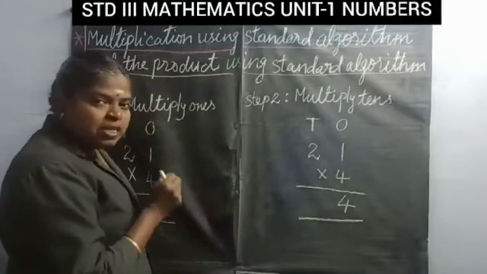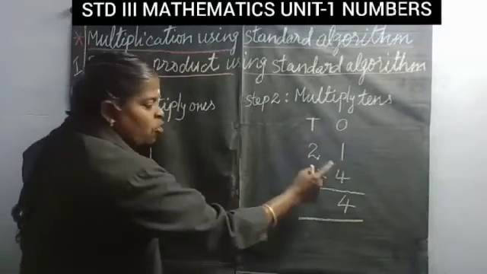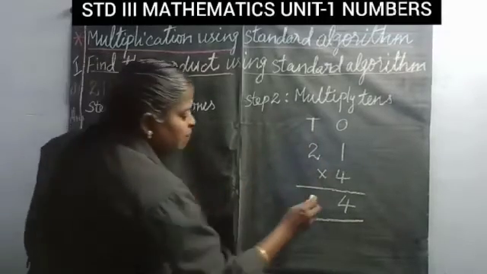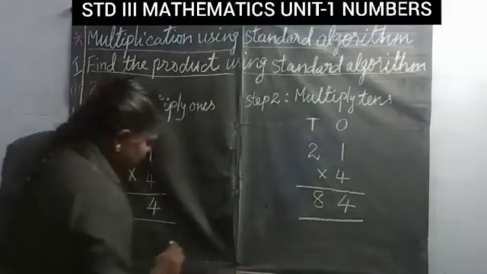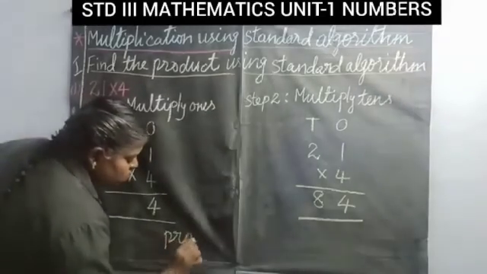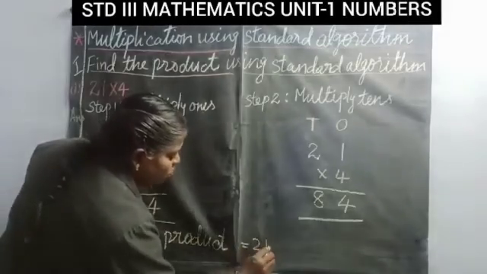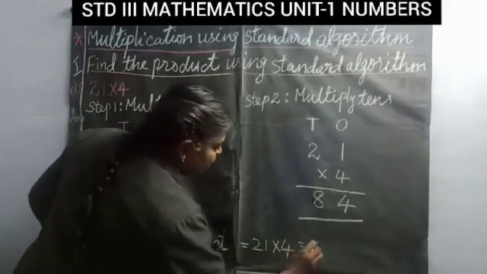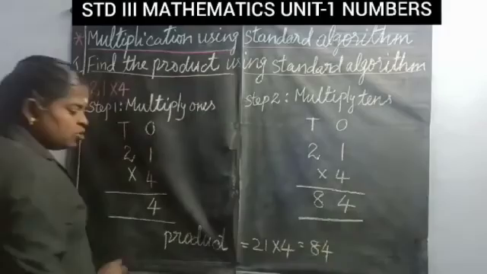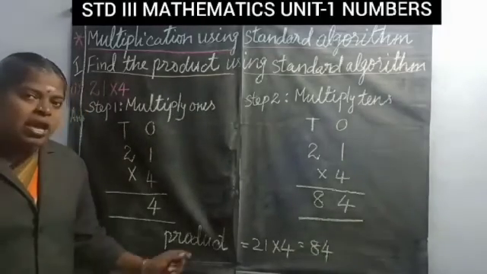Step 2, we have to multiply the tens place. 4 twos are 8. So the product is 21 into 4 equal to 84.